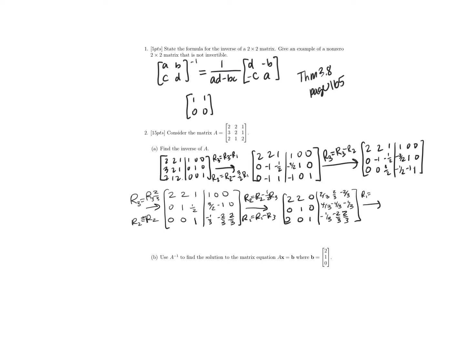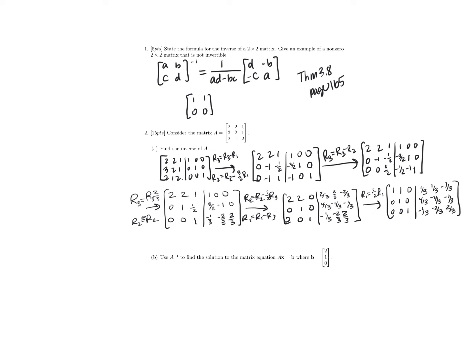So I get 1, 1, 0, 1/3, 1/3, negative 1/3, and 0, 1, 0, 4/3, negative 4/3, negative 1/3, and then 0, 0, 1, negative 1/3, negative 2/3, 2/3.